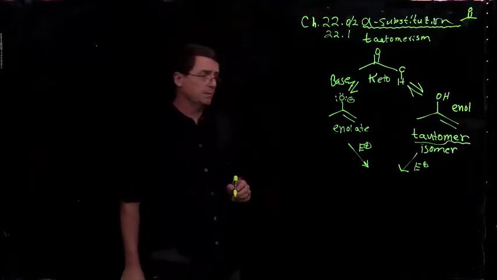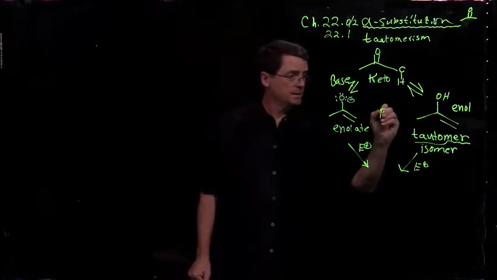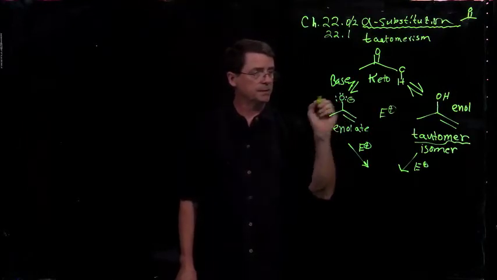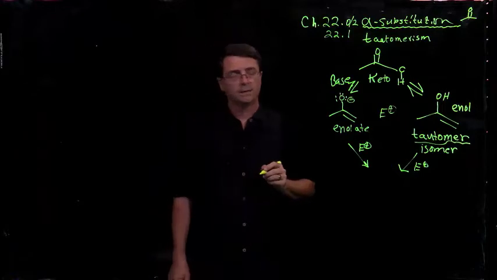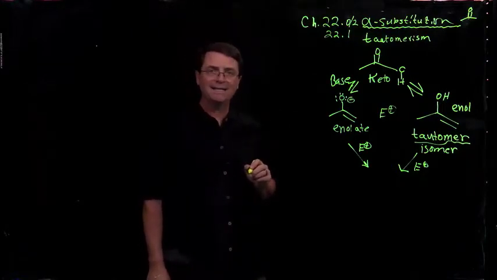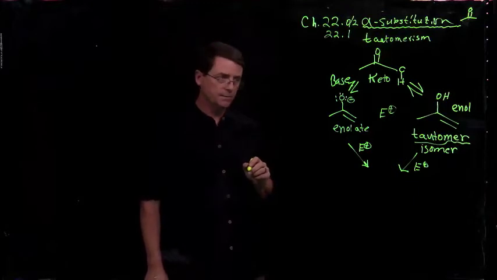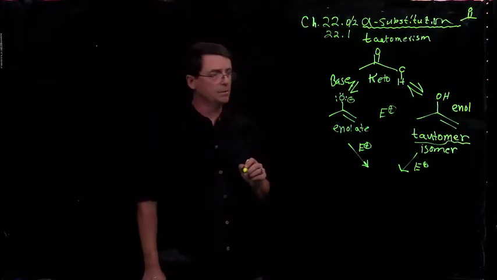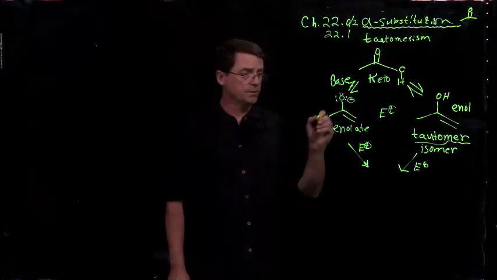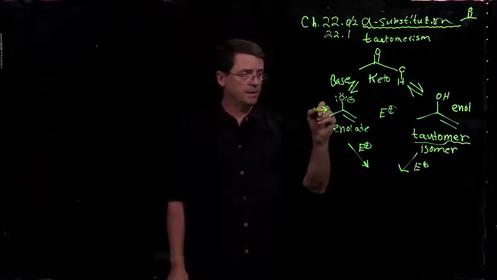Now I'm going to push a little bit of arrows here just to make it easy and obvious for us. There's a lot of electron density at oxygen, and in fact, like we saw for conjugate addition, where we had a bidentate electrophile, we have a bidentate nucleophile. It is nucleophilic at the oxygen, of course, but there's a resonance form of this.